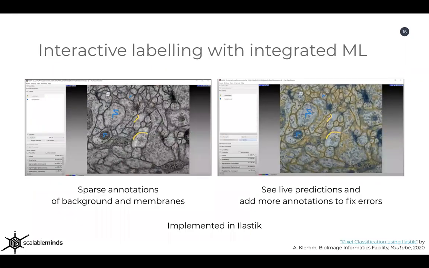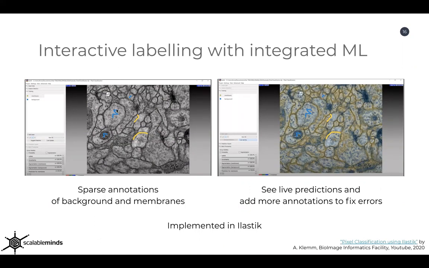Another interesting approach is using interactive labeling, where you have an integrated machine learning system inside the annotation tool. These are two screenshots from Elastic, which implements something like that. The task in this screenshot is to differentiate the membranes of these cells from everything else.